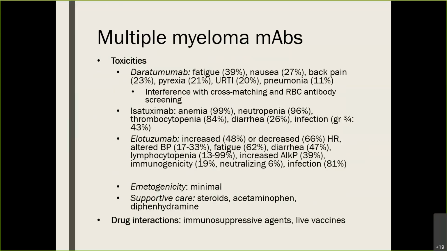Isatuximab seems to have more count suppression than its daratumumab colleague, so you can see the numbers there on the slide. And elotuzumab seems to show more cardiac toxicity with an increased or decreased heart rate and blood pressure as compared to the other agents. All of these agents should be receiving pre-medications for infusional reactions with steroids, acetaminophen, and diphenhydramine.